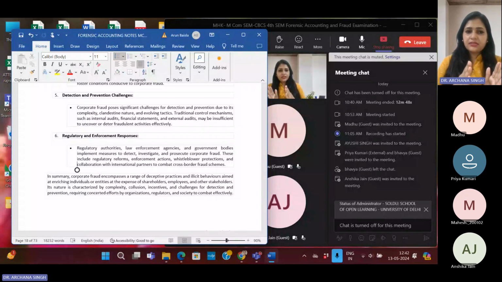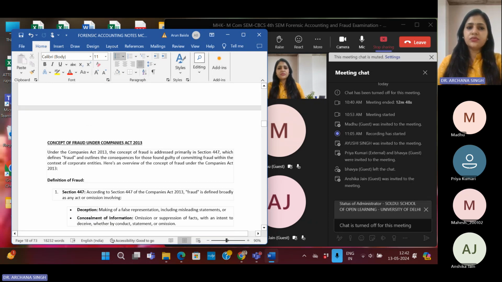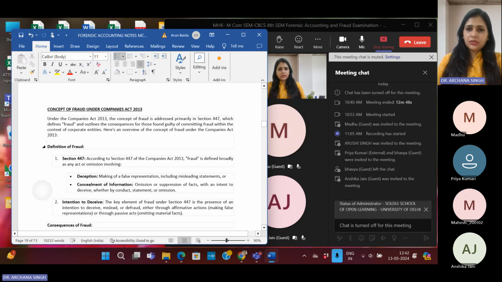Its nature is characterized by complexity, collusion, a secret agreement, and the incentives they are getting. The challenges in detecting the fraud, and how to prevent it, require the concentrated efforts of organizations, regulators, and society to combat this effectively. So this was about frauds.